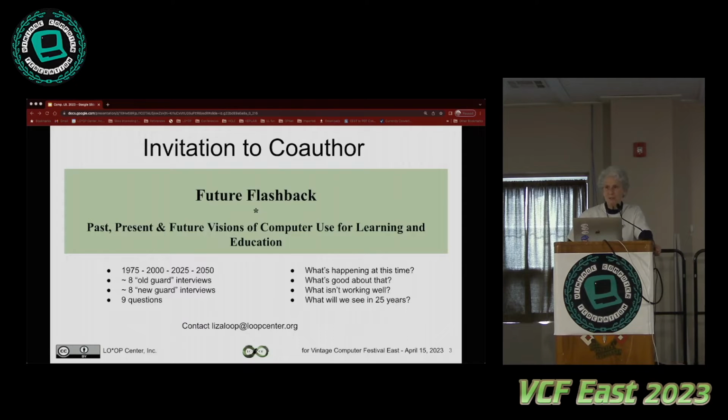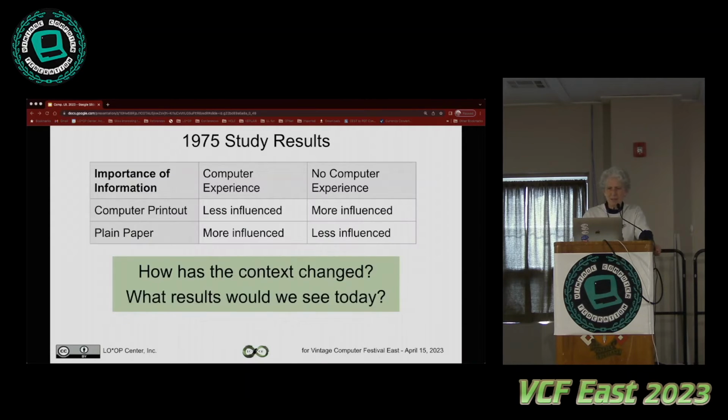Which is why I'm going to keep saying computer literacy is really social literacy. In case you didn't have a chance to read that study, the results are that people in the 70s who knew about computing didn't believe it if it came on a computer printout. People who didn't know anything about computing were much more likely to believe what they read if a computer printed it out. Today you see it on a screen, but it's the same phenomenon.